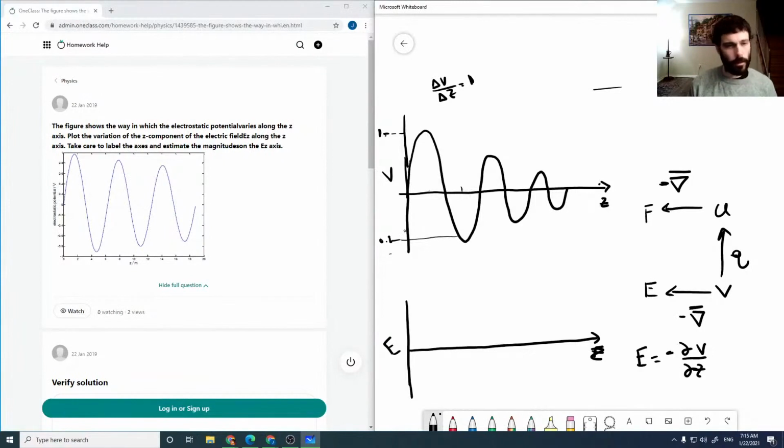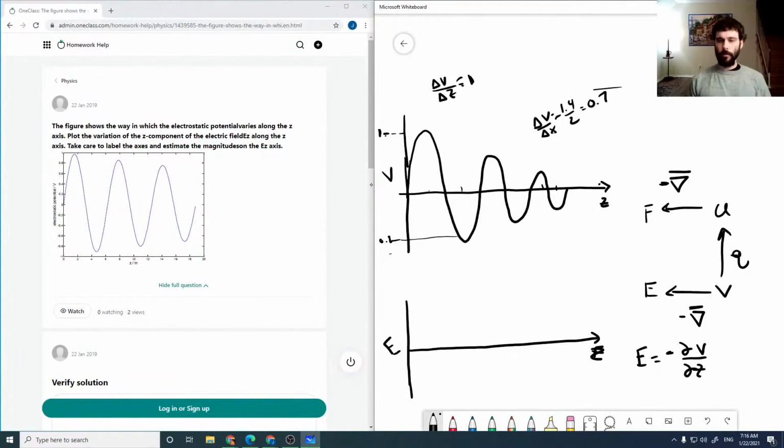and go down to, now I haven't drawn it to the same kind of scale here, but it does look like over here my delta V over delta Z is about 0.8 to negative 0.6, so about 1.4 over about 2, so about 0.7.